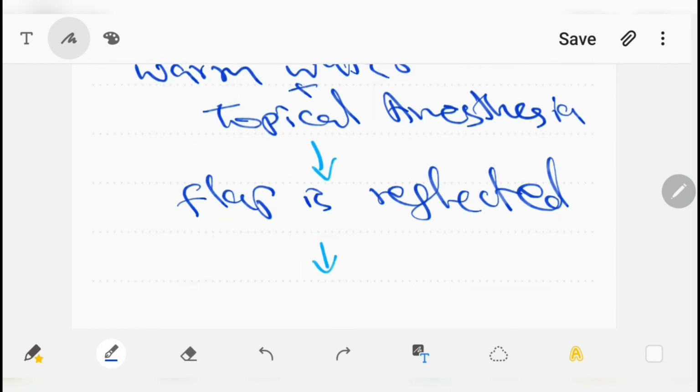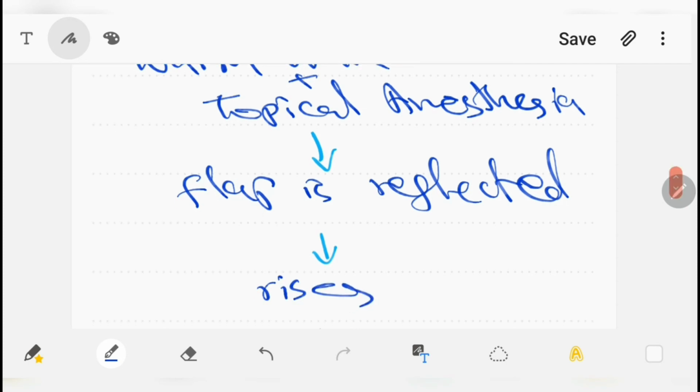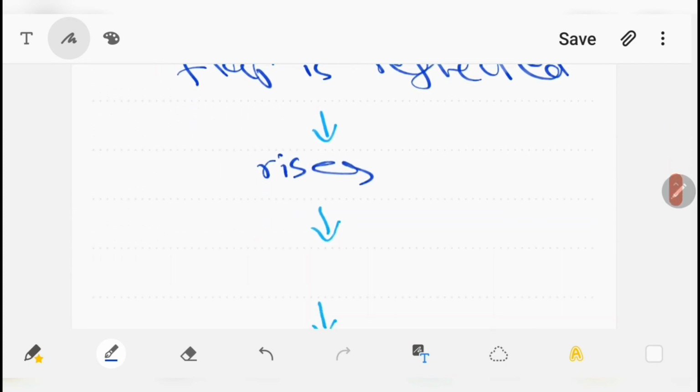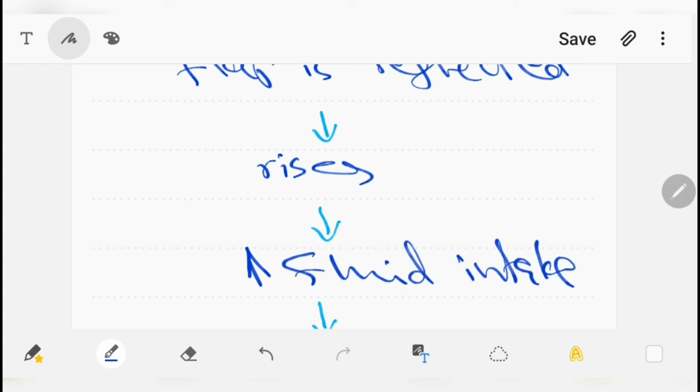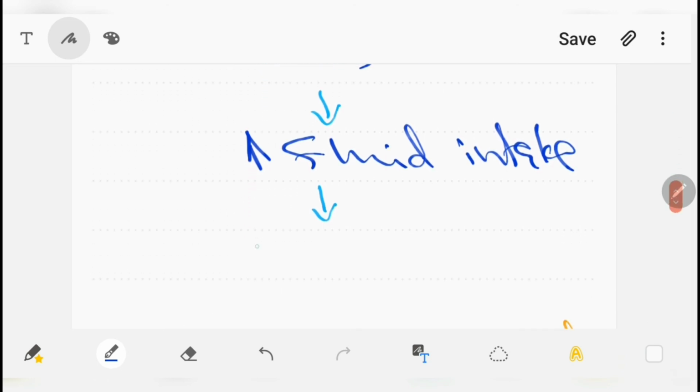Then we have to give instructions about rinses and ask the patient to take a copious amount of fluid. Systemic antibiotics are also prescribed.